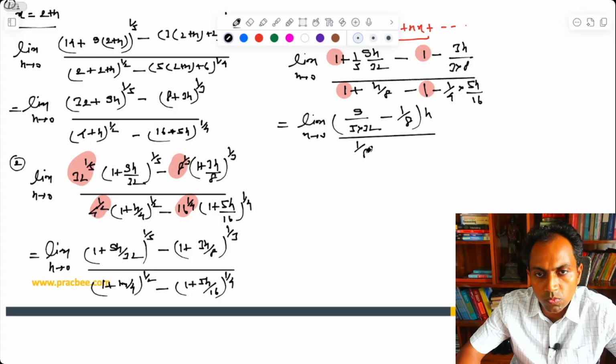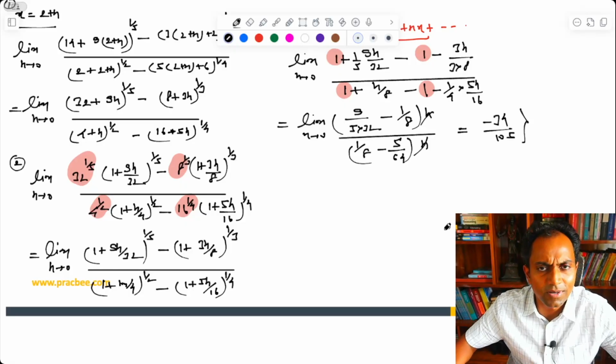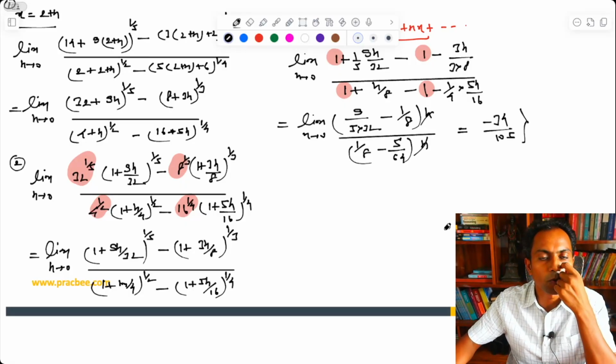Denominator becomes 1 by 8 minus 1 by 4 into 5 by 64 into h. So this h again gets cancelled out, and if you simplify this, you get minus 34 by 10. Fine answer. You can see that similar process, but a more complicated application.